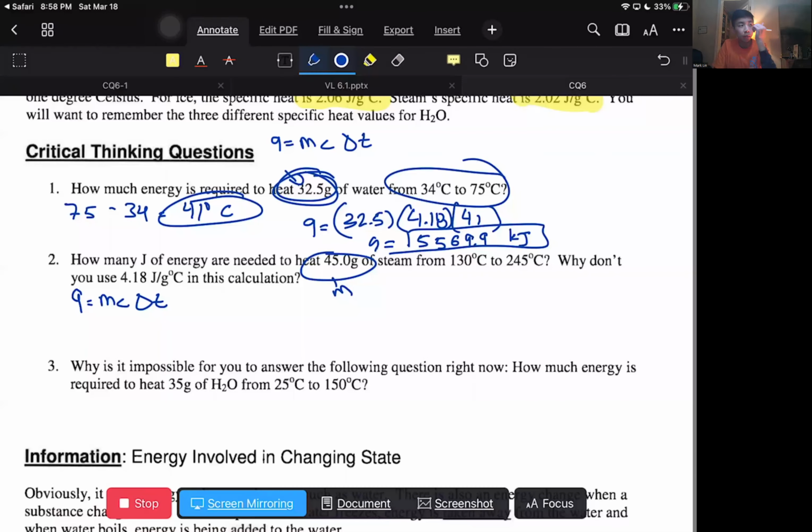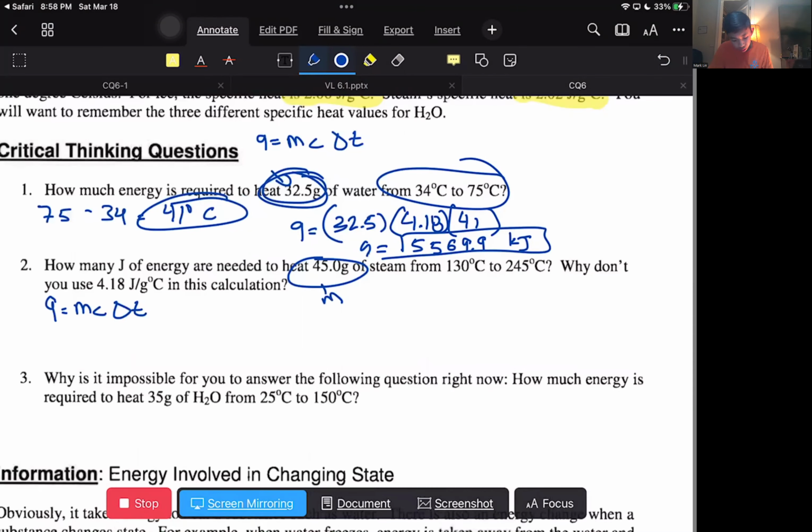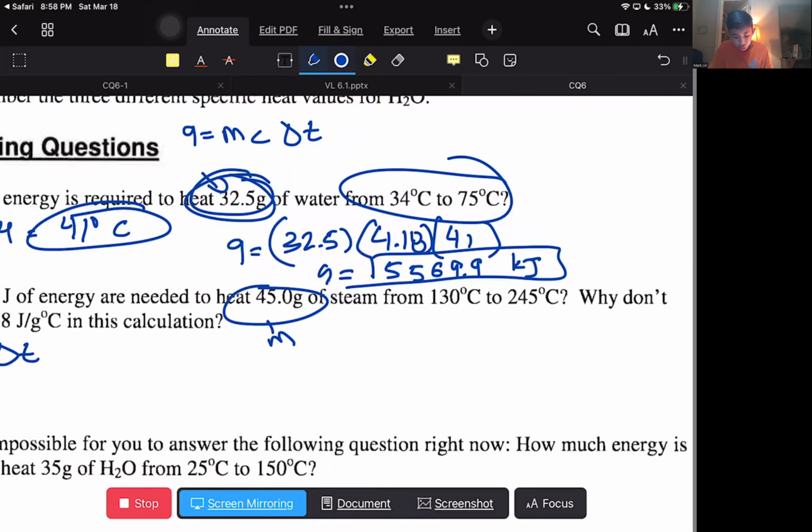When we see both mass and a temperature change, and we need to find energy, we automatically know that's going to be Q equals MC delta T, because it has mass, temperature, and energy. It is everything we need. Right now we need to find the temperature change: 245 minus 130 is 115.